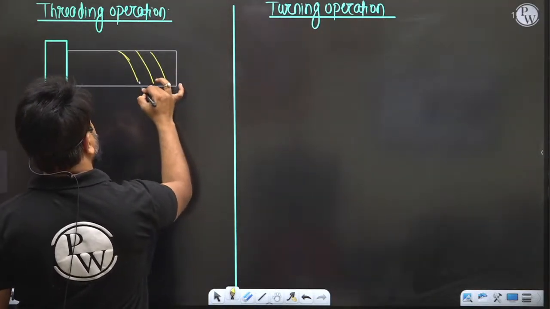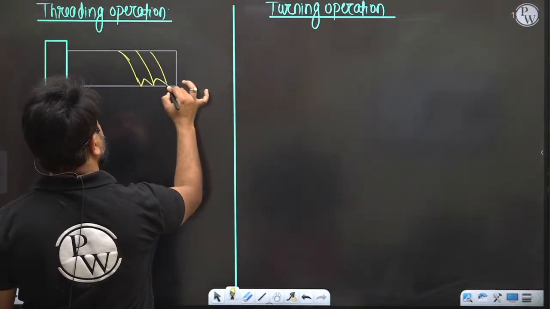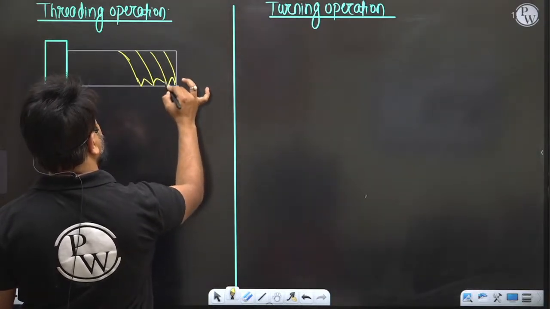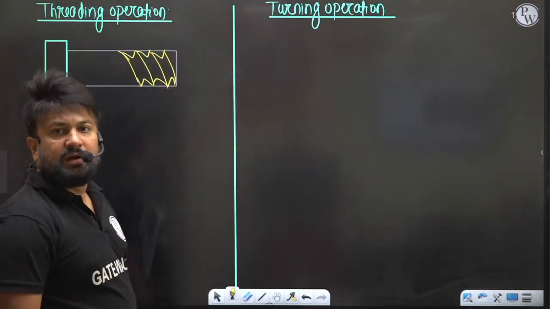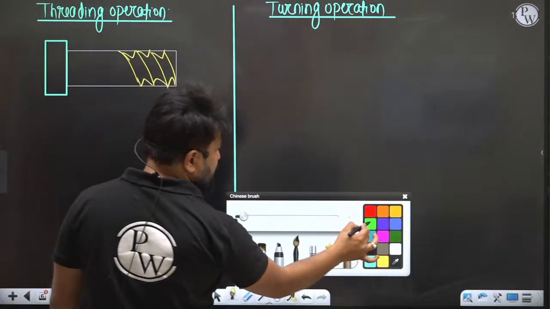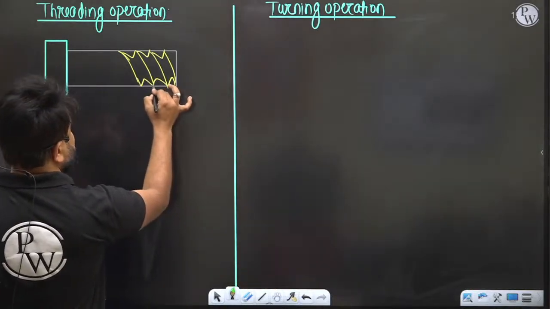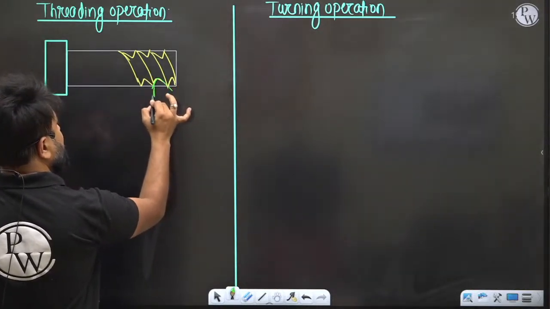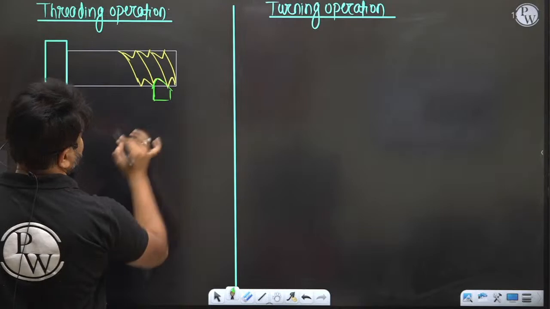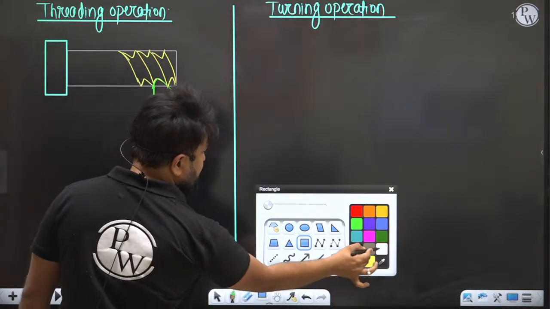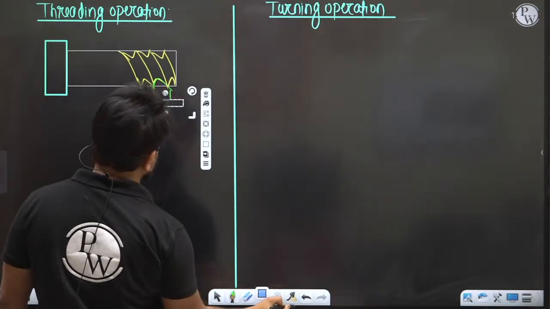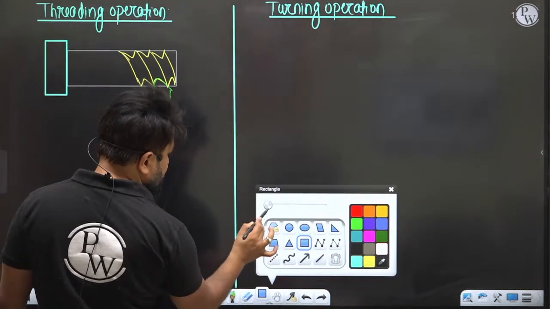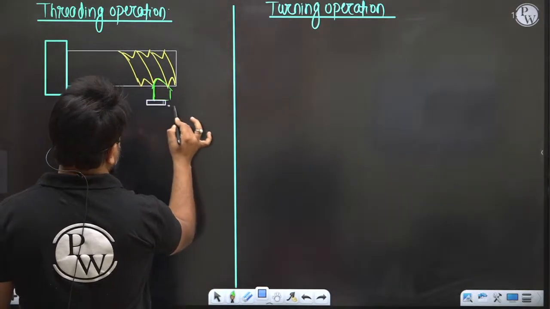Look here, these are the threads which we want, right? This is my cutting tool, and that cutting tool is mounted on the tool post.